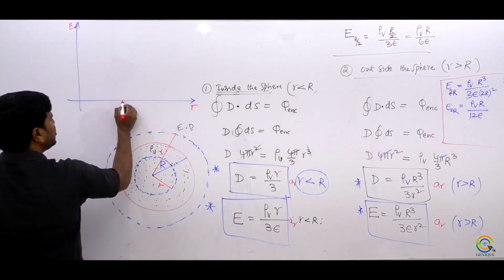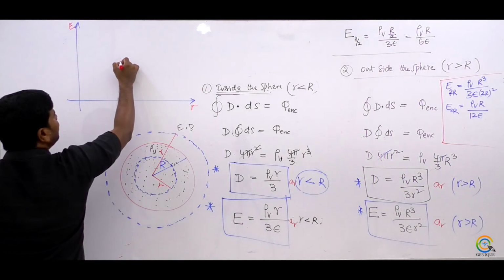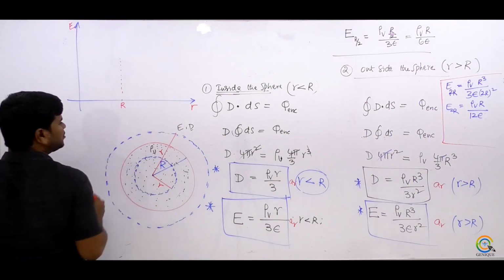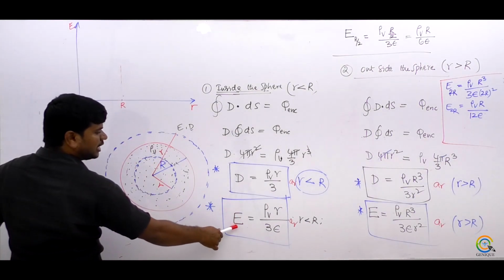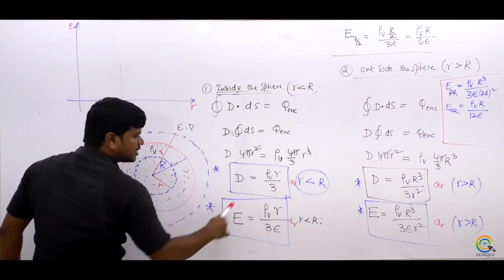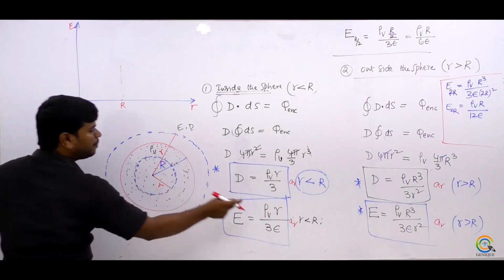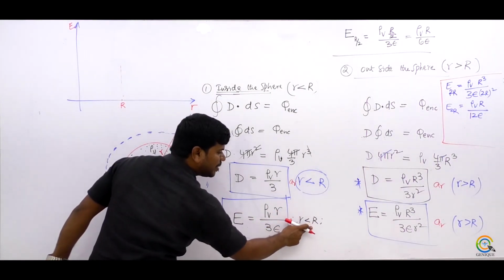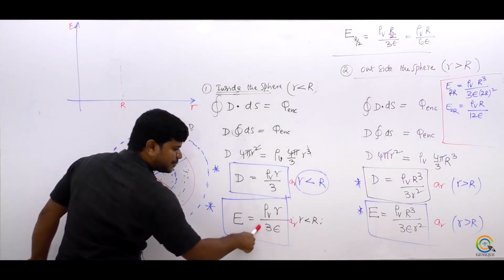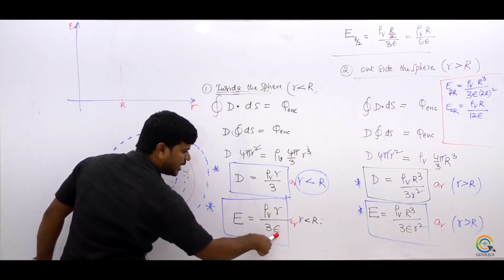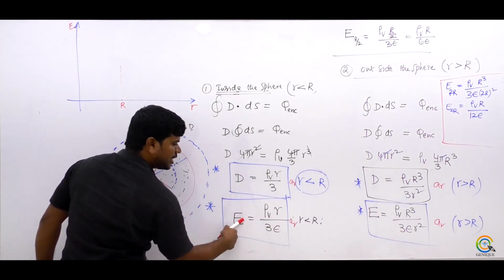Let us suppose at some place at R. See, what happens to the electric field intensity within the radius, up to R? Rho v divided by 3 epsilon is a constant, but the electric field varies with respect to r.